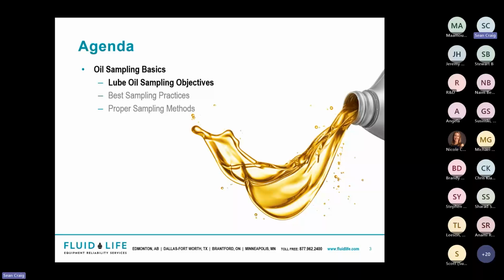Then we'll dive into the best sampling practices, what a good sampling looks like, quick tips, and how consistency and cleanliness play a critical role in the quality and result of your data. Finally, we'll break down the proper sampling methods, the techniques and tools used in different systems, and how to begin selecting the right method for your application.